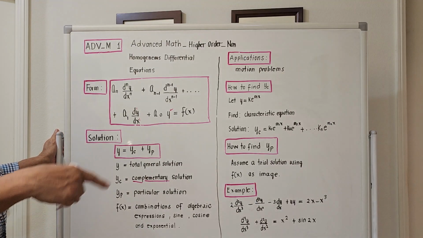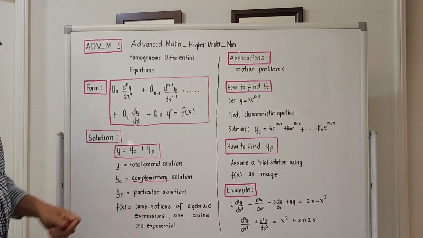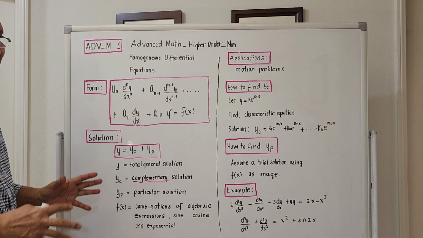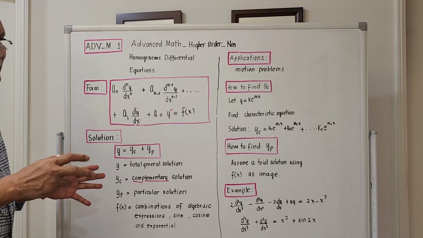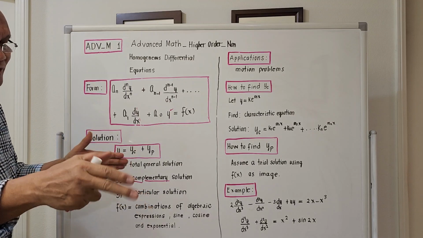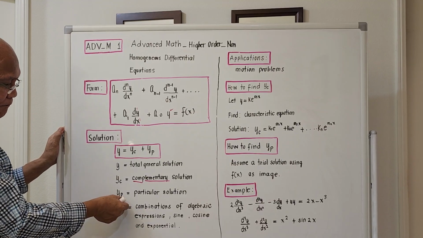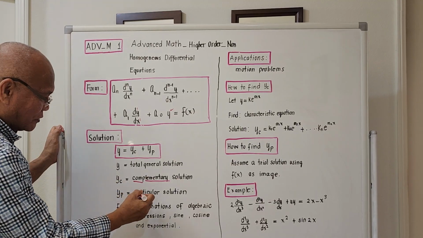I think under electrical engineering, complementary solution is actually the transient part of the equation. Transient, it only occurs for a certain time. Okay, that's complementary. But y sub p, p here refers to particular solution.